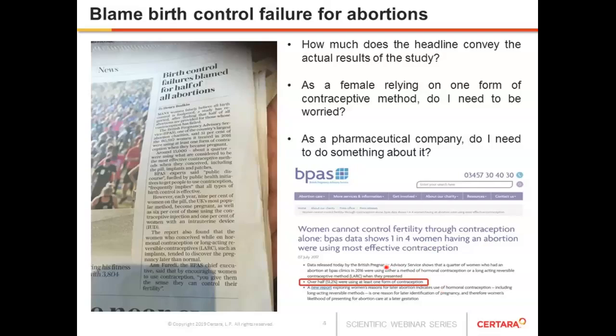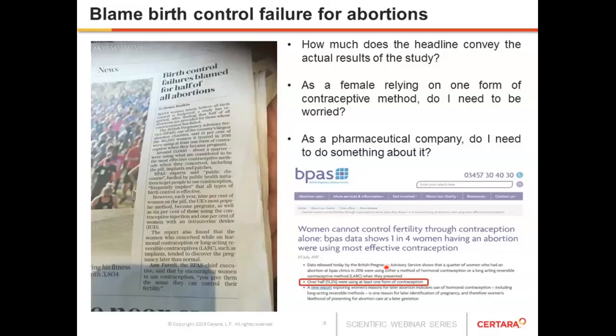The British Pregnancy Advisory Service is a clinic that females across the UK come to when they have questions about contraception, including abortion. The study showed that in 2016, out of over 60,000 women that came to them for an abortion, 50% of them were using some form of contraception.